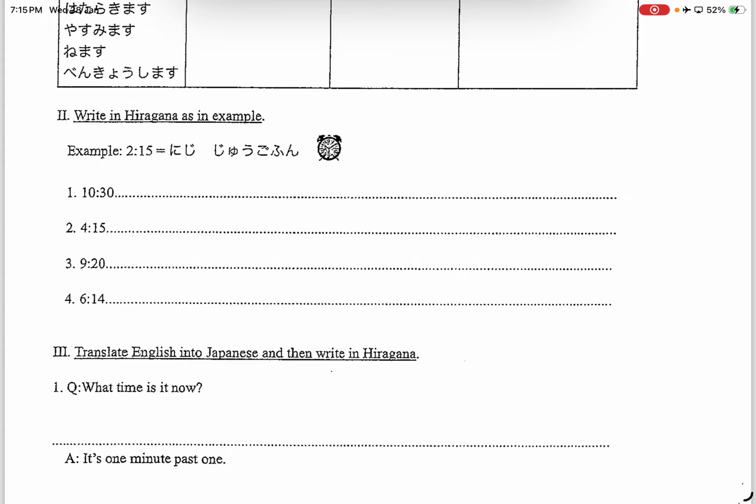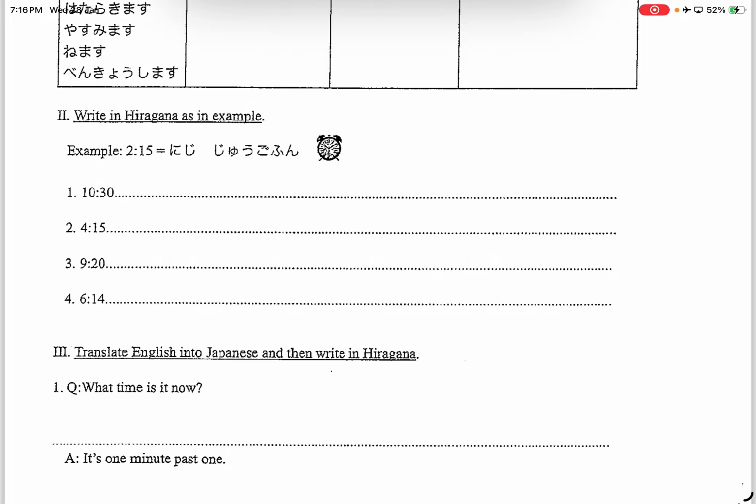So 10時半 is already used. What's the other way to say 10:30? Literally 30. 30分. Thank you. But they never say gozen, so you don't need to say gozen. 10時30分 or 10時半, see which one you prefer. It's 30分.